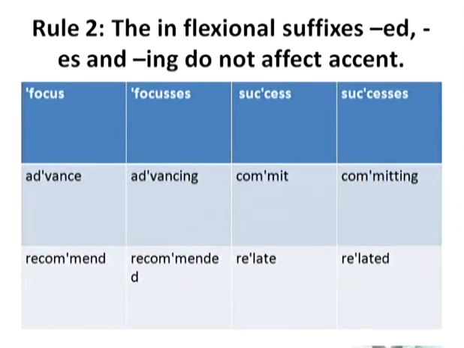These are inflectional suffixes, as in they are about the word in either past tense or about the plurality of the word or the present tense. Ed generally comes in the past tense, ing in the present tense. So these inflectional suffixes do not affect the accent at all, and the root word retains its previous pronunciation.